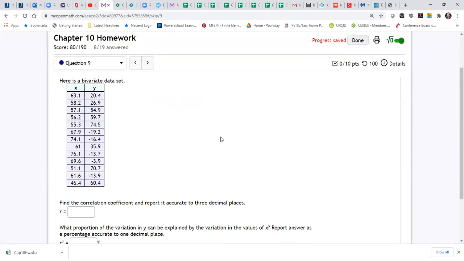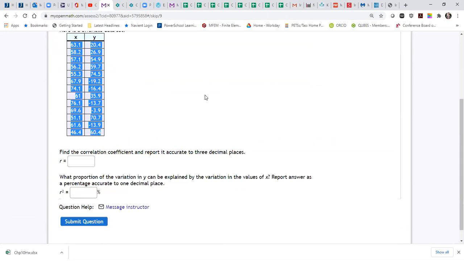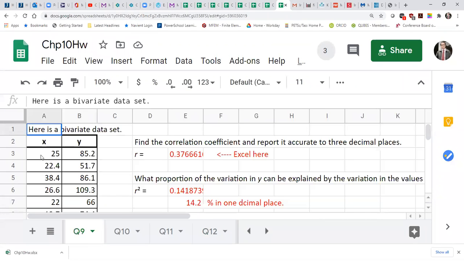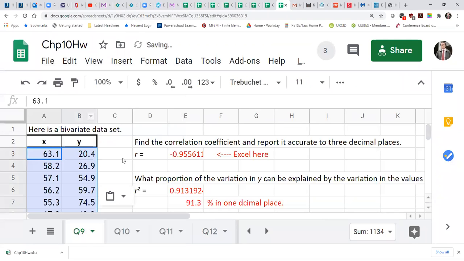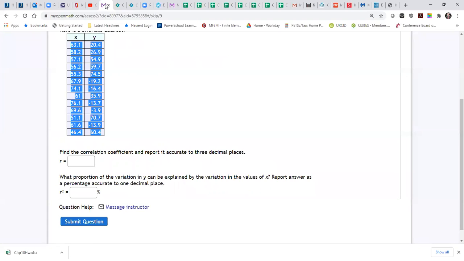And number 9, the same thing, like copy. Okay, apparently this data is, so the last data is 46.4, 60.4.